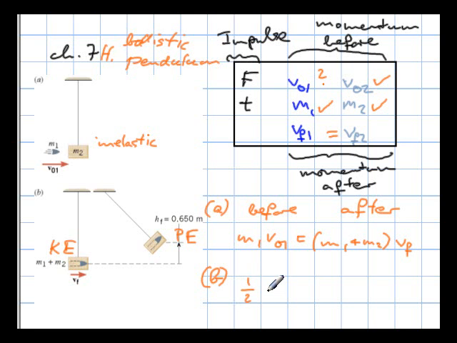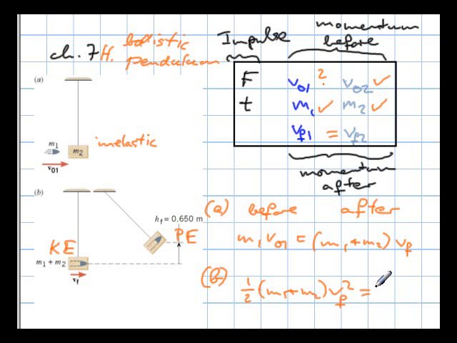Okay, so kinetic energy before it swings up, 1/2 times the combined mass times the velocity squared, and from the previous part we can just call this VF squared. We're not going to use velocity again, so we don't have to change any index here.